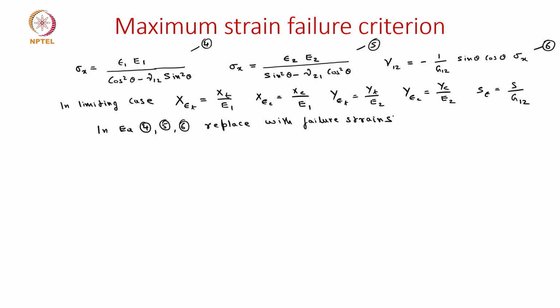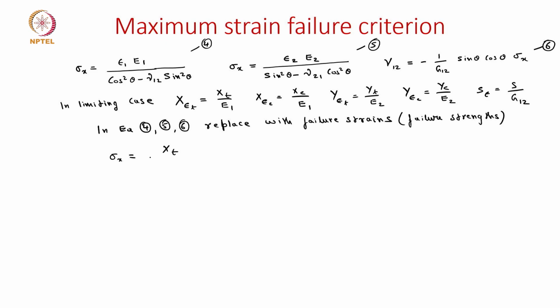And this failure strain can again be written in terms of the failure strength, as we have shown here. So we'll write sigma x is equal to, first we replace epsilon 1 with the failure strain, but once we multiply that with E1 we get it as simply xt.